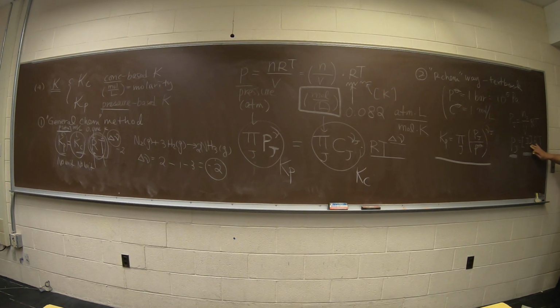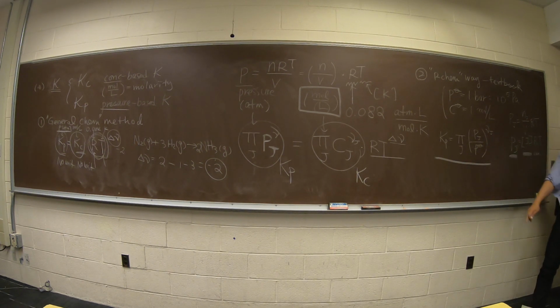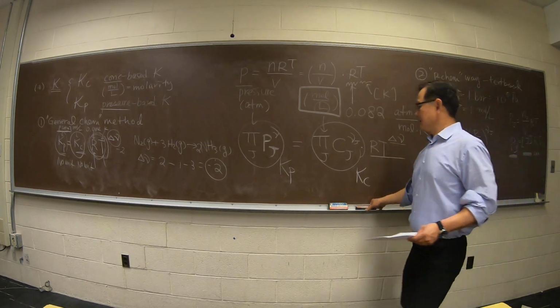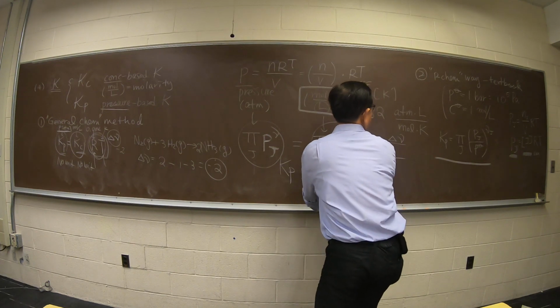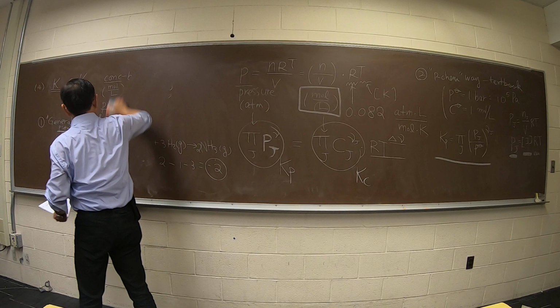But by doing so, I'm also being very clear that this is a pressure of any units, as long as it's normalized by 1 bar as a standard pressure. Okay, so it's a lot of math, and I want to just show the gist of the equation.